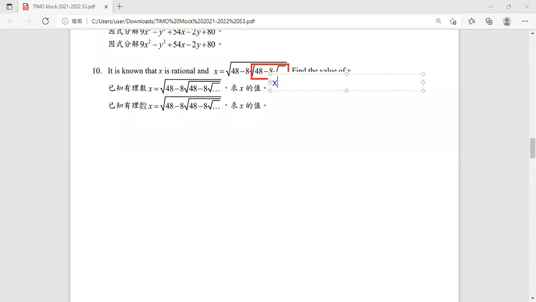So you will have x equal to the square root of 48 minus x. Then what can I do here? I just square both sides: x squared equal to 48 minus x.